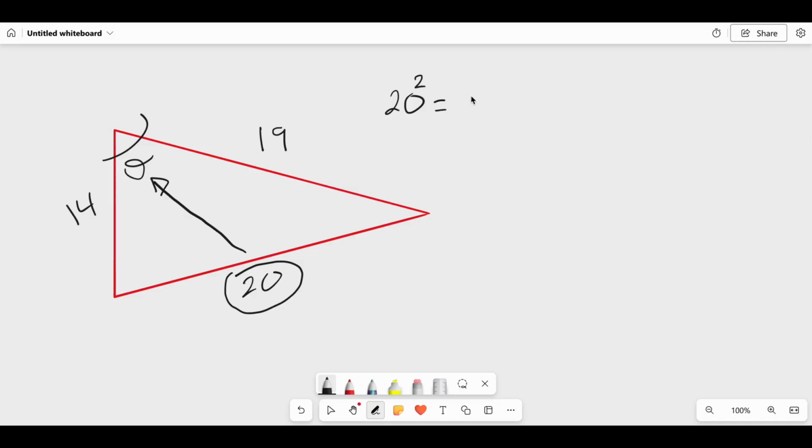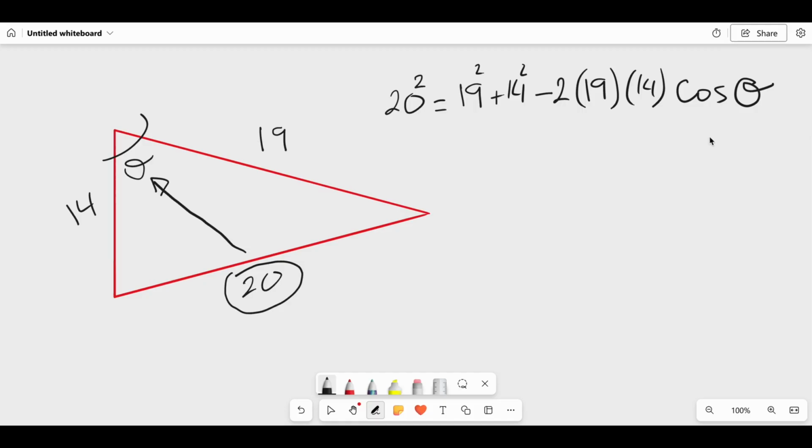So 20 to the power of 2 is equal to 19 to the power of 2 plus 14 to the power of 2 minus 2 multiplied by 19 multiplied by 14 cosine of the angle that we're looking for, right?